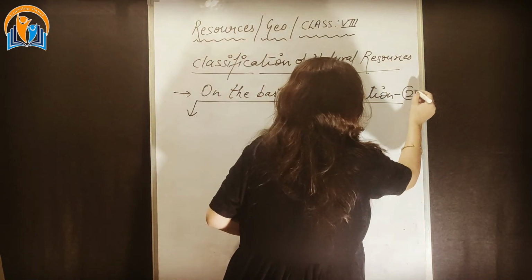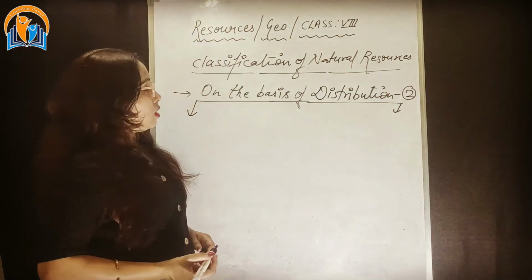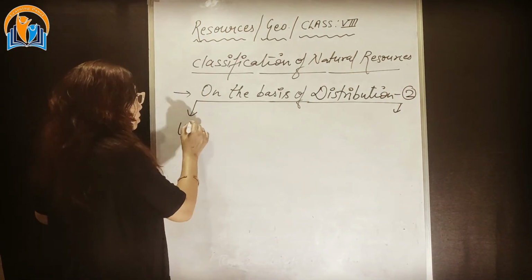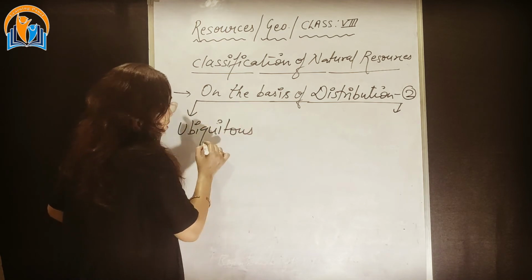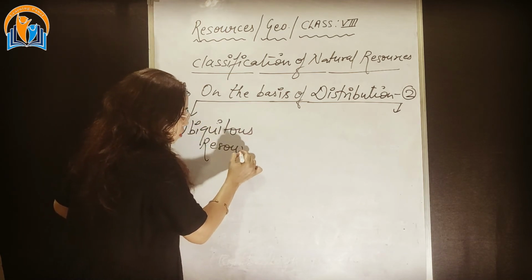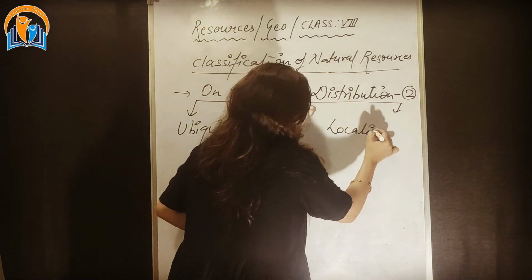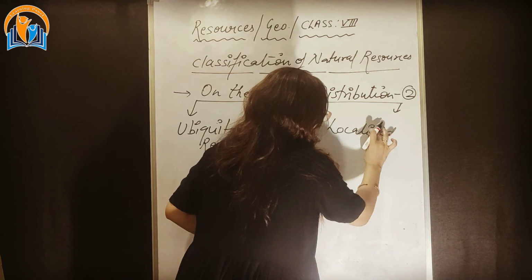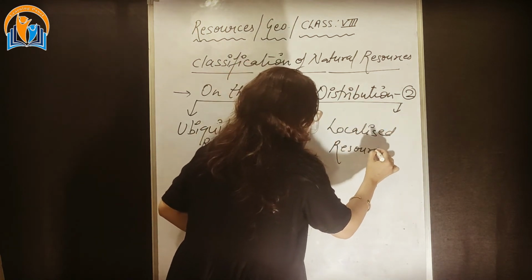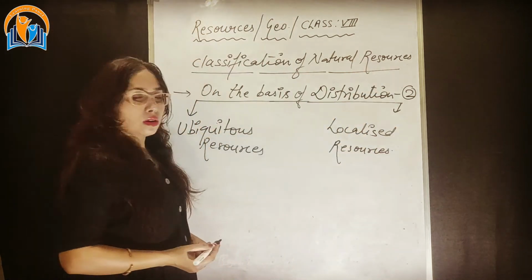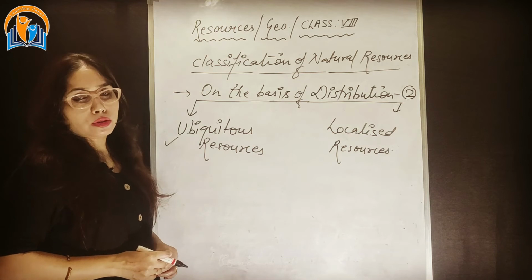As mentioned here, for your more understanding and for your memory. Number 1 is ubiquitous resources. Okay, and the second one is localized resources.